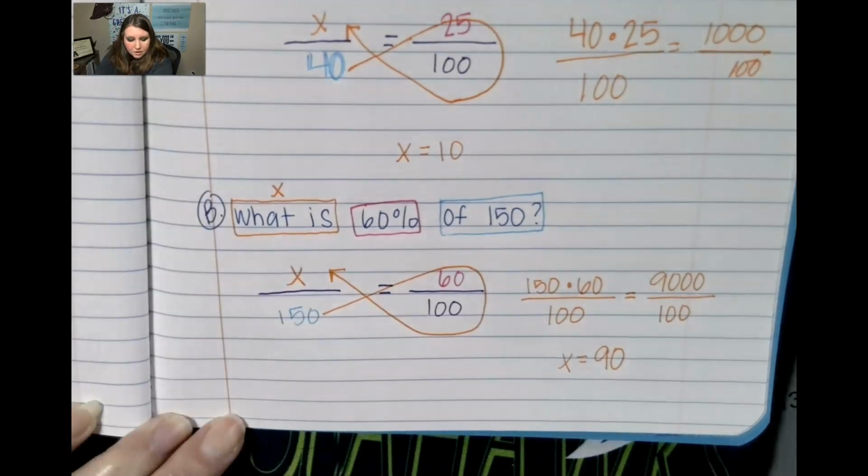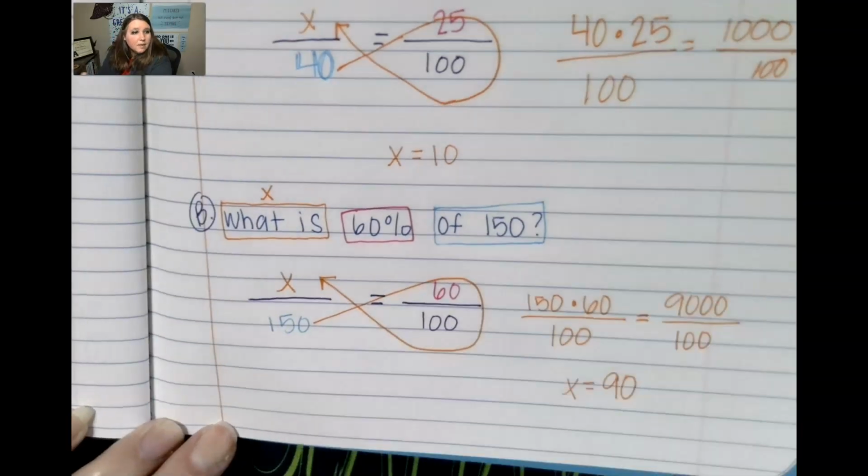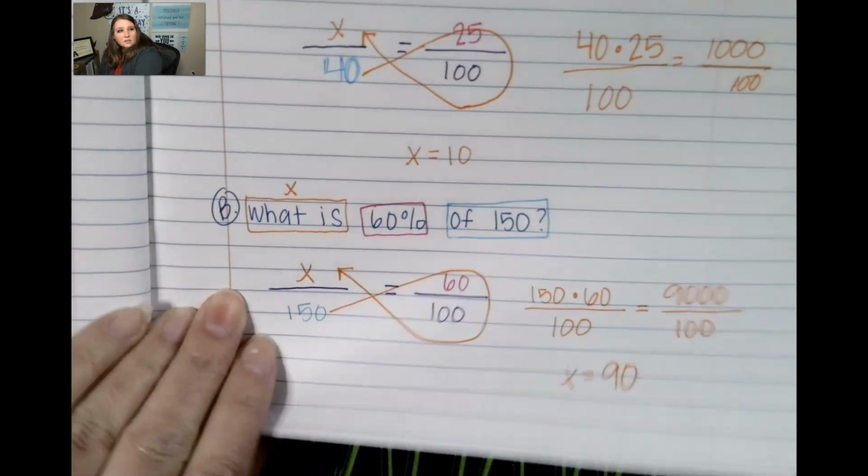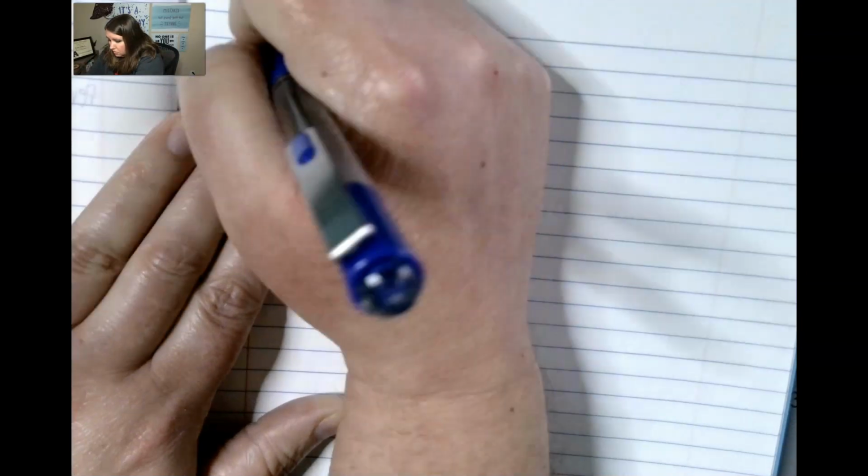Let's do another problem. In this next problem, they are asking us to find problem C. All right, problem C. Again, we're going to use that same proportion.